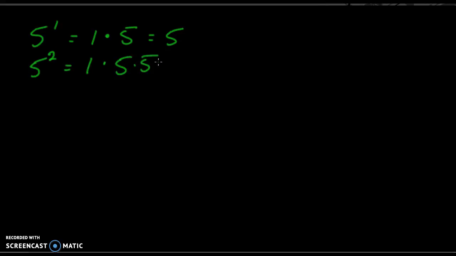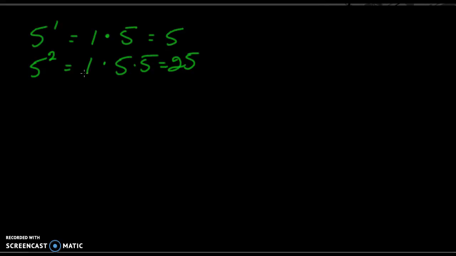Well, if we go back to our previous one here, 5 to the first. Could I not have also written 1 times 5 is equal to 5? Okay, and if that's the case, 5 to the second, I could have written as simply this.